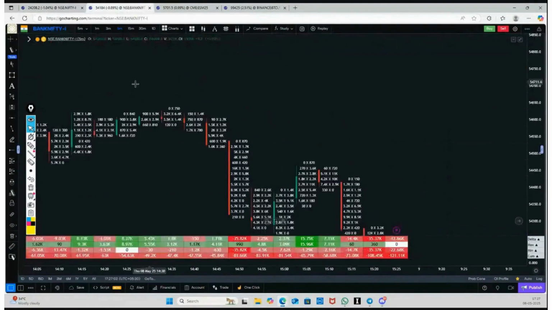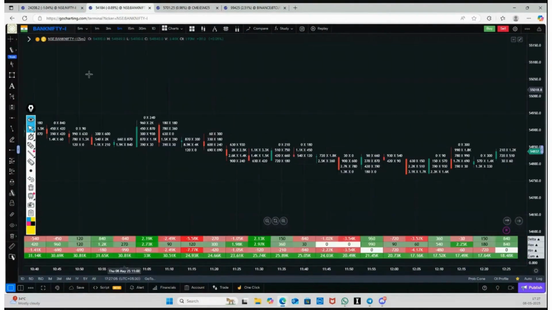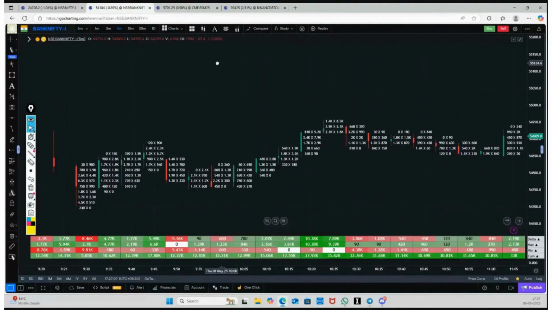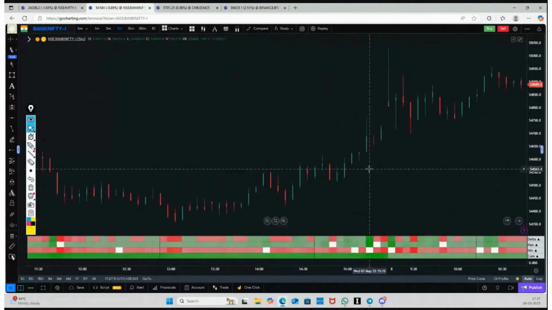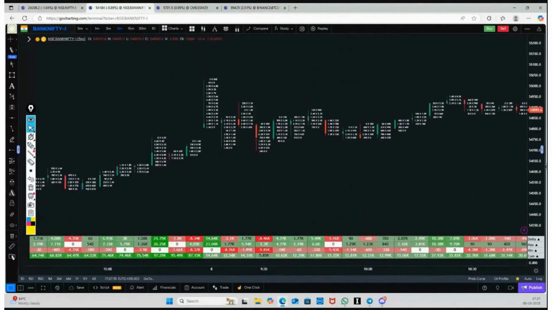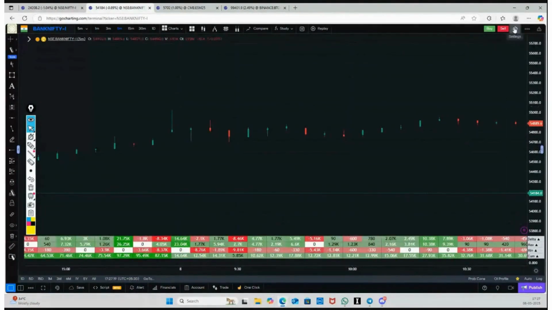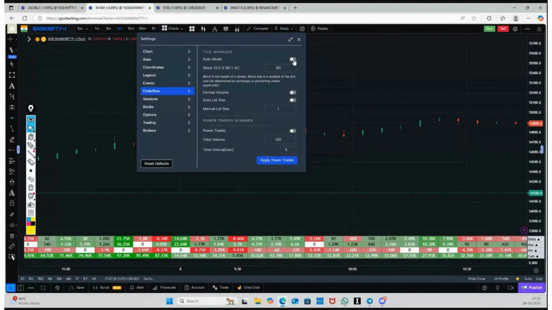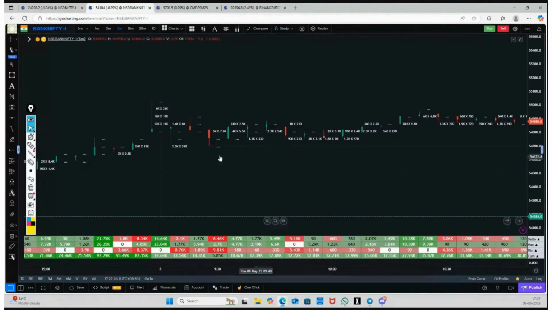And we also saw quite a good performance in Bank Nifty today. Bank Nifty performed even better. In the first candle, the same buying occurred.